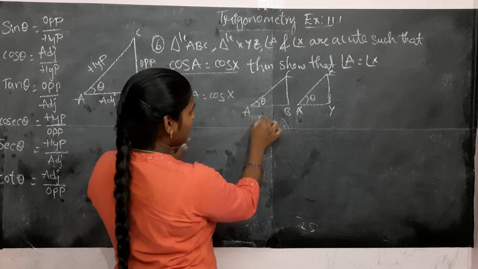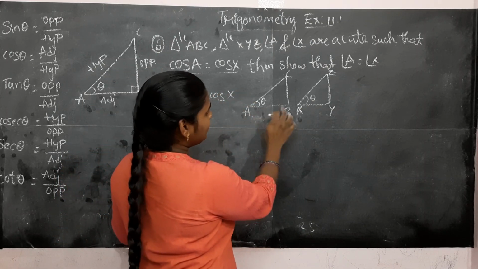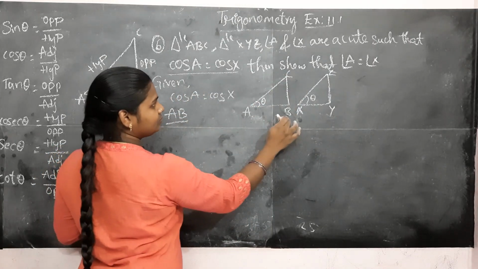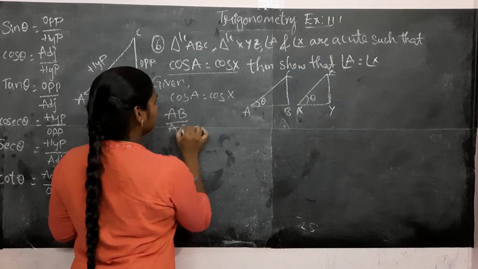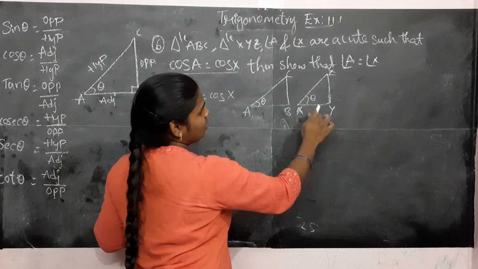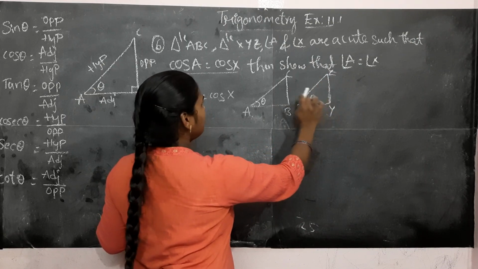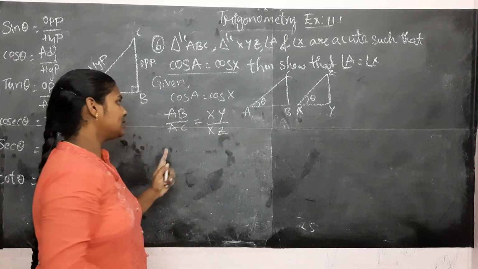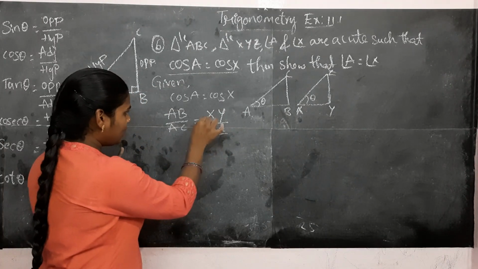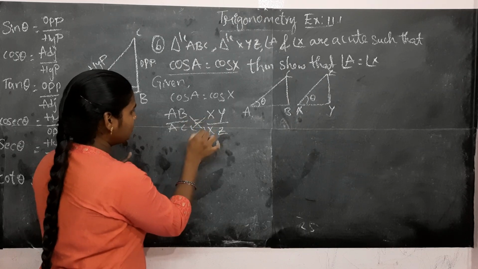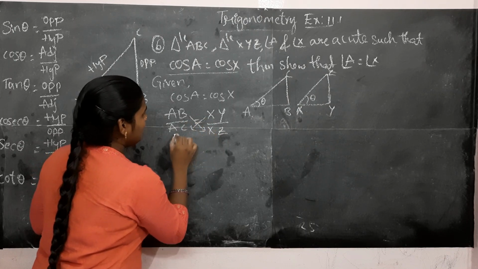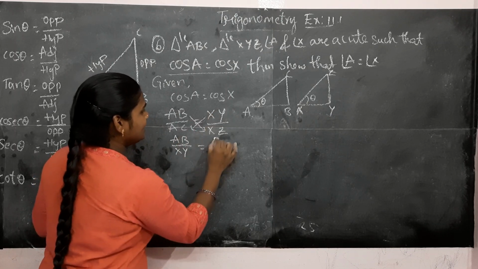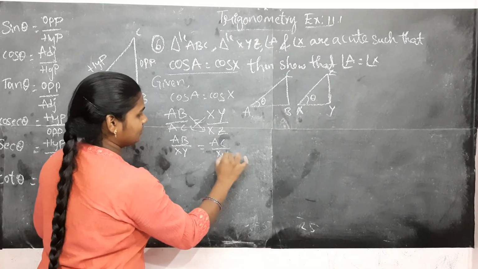What is cos A? Cos A is nothing but adjacent by hypotenuse, which is AB by AC. And what is cos X? Cos X is nothing but adjacent by hypotenuse, XY by XZ. Alright, so if I take this downwards, it turns into AB by XY is equal to AC by XZ.